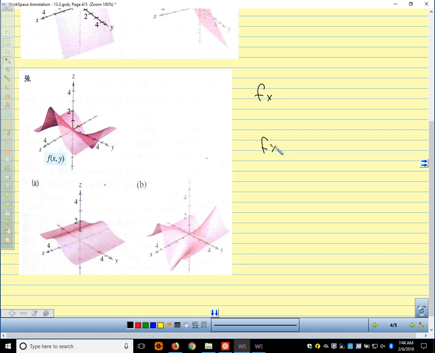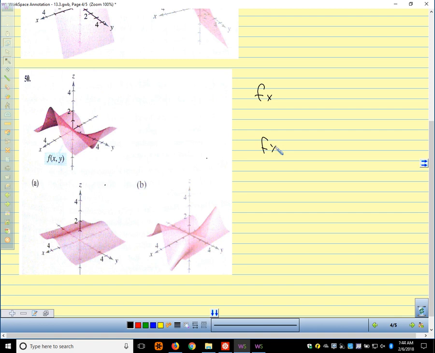So let's look at the partial with respect to x. When x is negative here, is it positive or negative? As we go in the positive x direction on this surface, are we going uphill or downhill? Uphill. No matter where we are, we're kind of going uphill, right? So isn't the partial with respect to x always positive?